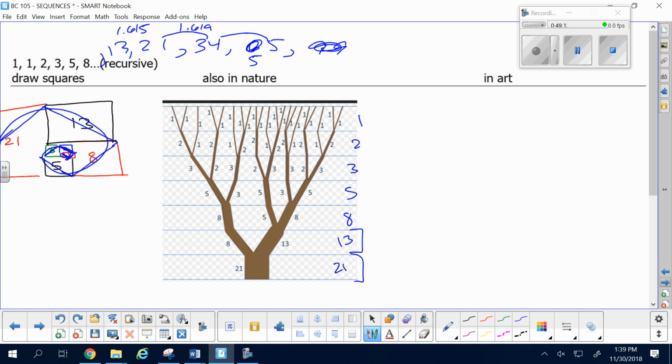That's right, right? Okay, I looked at the wrong line. So 1.617. They're starting to approach a number, right? Like 1.61.